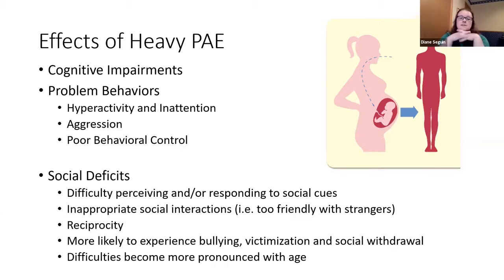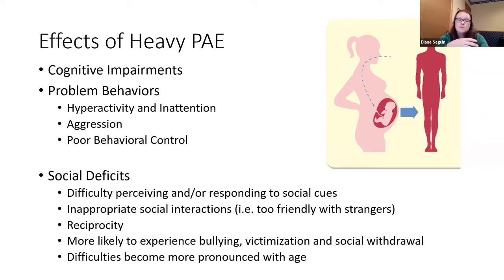Socially, we see a lot of difficulties in these children as well. These range from difficulties perceiving and responding to social cues. We see difficulties in more complex social situations. If they're in a group with their peers when they're very young, we see differences in play behavior, so problems with reciprocity.